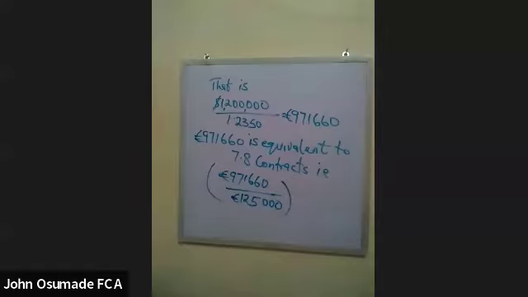That's what brings us to imperfect hedges. So in this case, the company will probably buy 8 contracts instead of 7, because 7.8 is closer to 8 than 7.